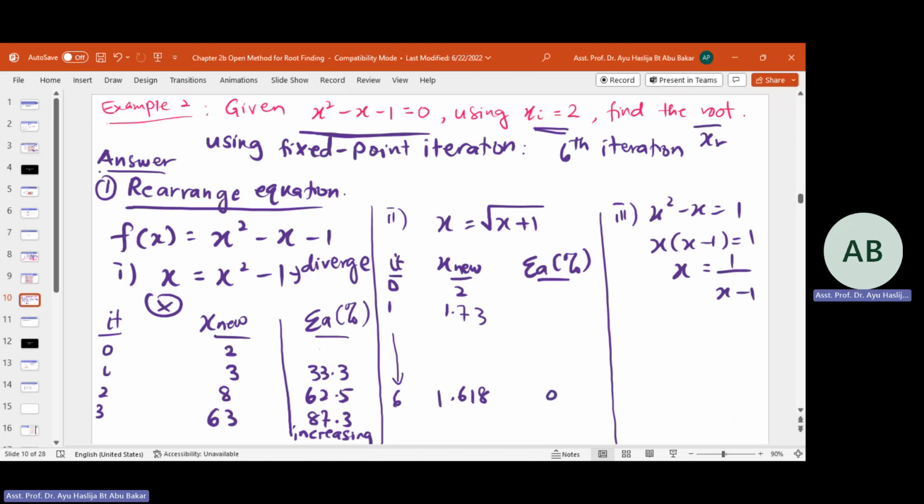Final EA, 0%, or you get approaching 0. But you can see the trend is decreasing. Okay, so this equation is the correct equation.